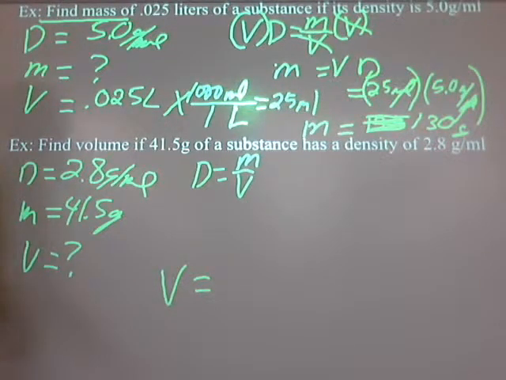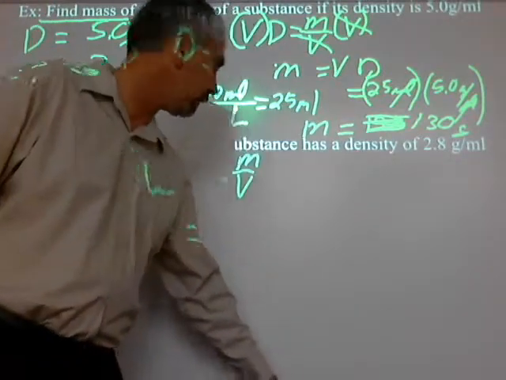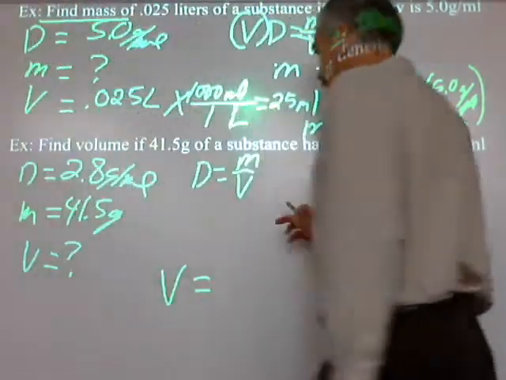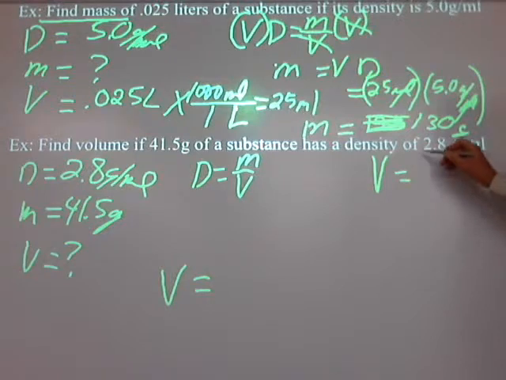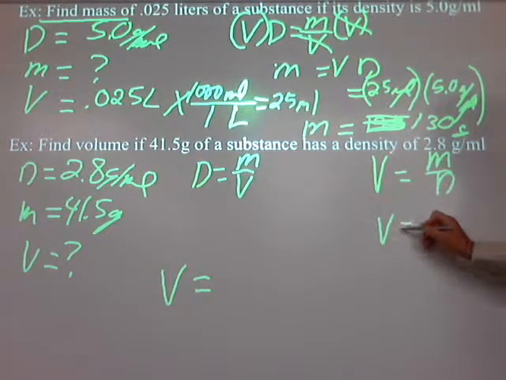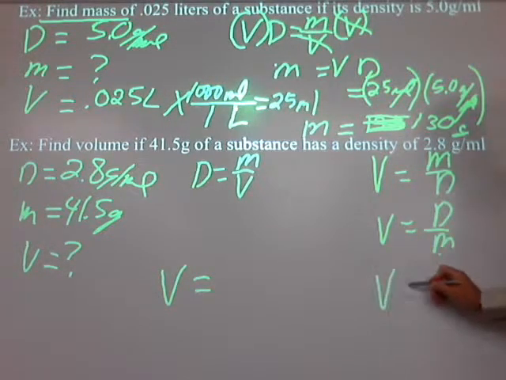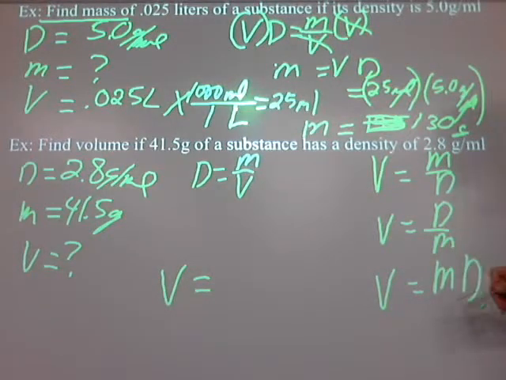But the 30% of you who did not get it right absolutely saw V equals M over D, V equals D over M, and V equals M times D. I saw all three of those, just like I thought I would. If this wasn't an honors class, I probably would have seen a lot more wrong. I've had classes where 2 or 3 people rearranged this correctly in the entire class. In this class, it was a little over half.